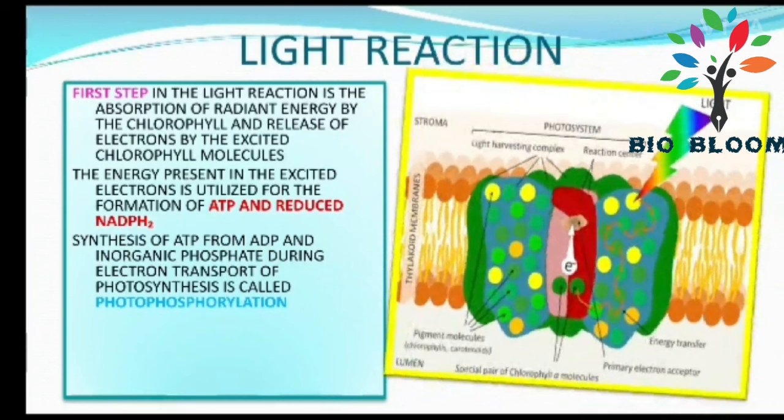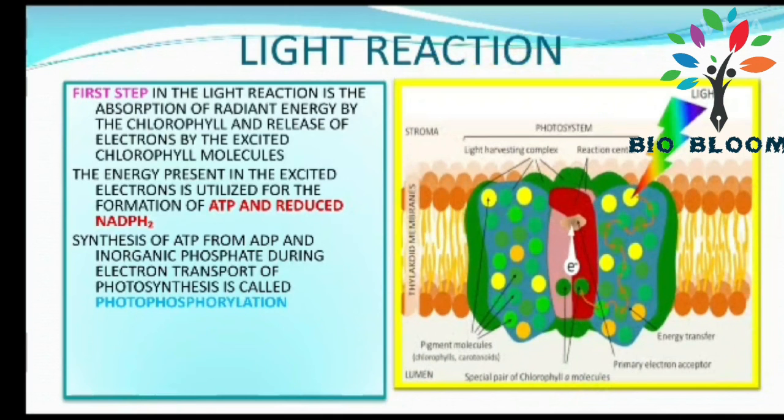The reaction center is a chlorophyll A molecule, whereas the light harvesting complex includes different types of pigments like chlorophyll B, carotenoids, xanthophylls, etc. So the main reaction center is chlorophyll A, where the electrons get excited after the absorption of the light, whereas the remaining pigments are called accessory pigments, the light harvesting complex. It harvests the sunlight and transfers it into the reaction center.